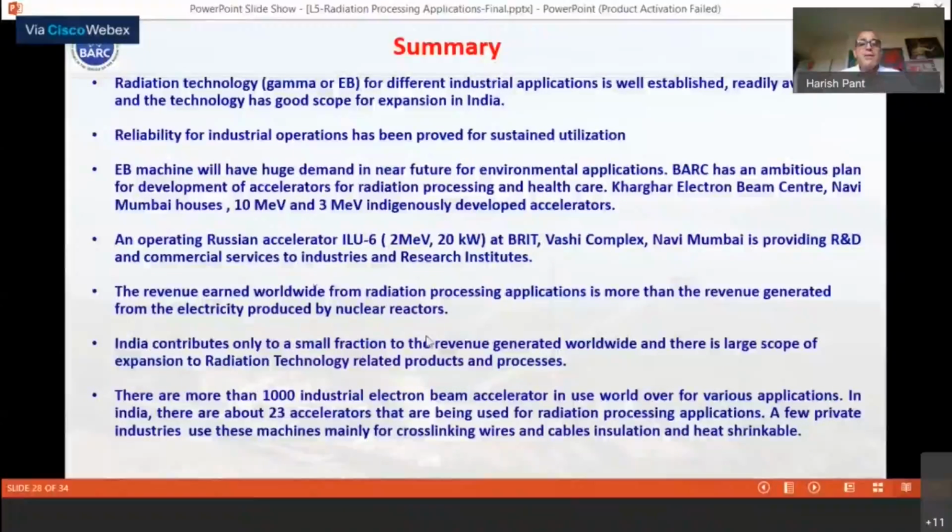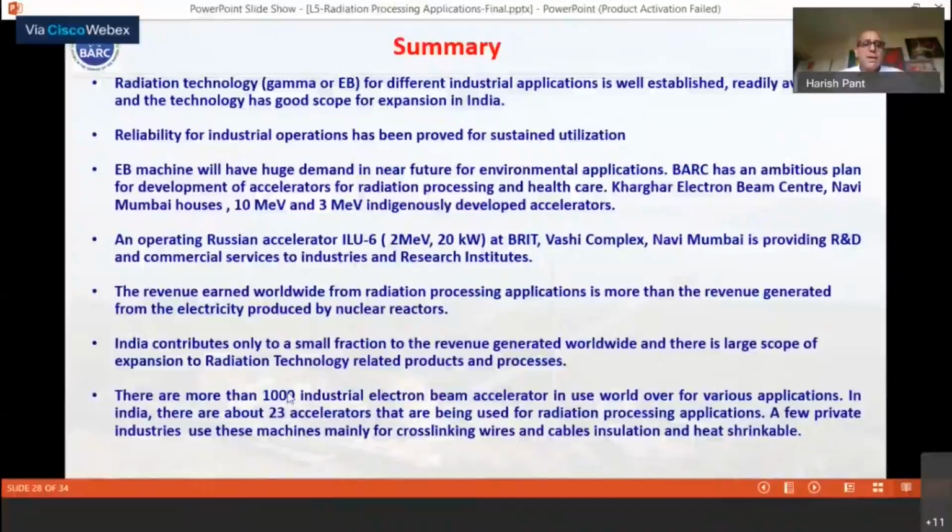You can see that the revenue generated by radiation processing technology or industrial application of radioisotopes is more in the case of the industrial application. India contributes only a very small fraction of the revenue generated worldwide, and there is a large scope of expansion of this technology in India.